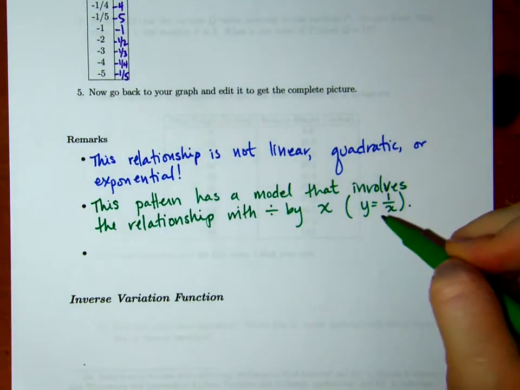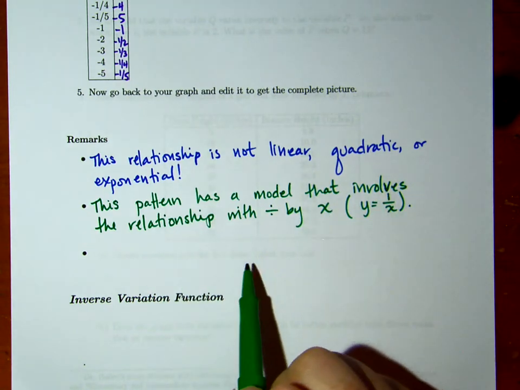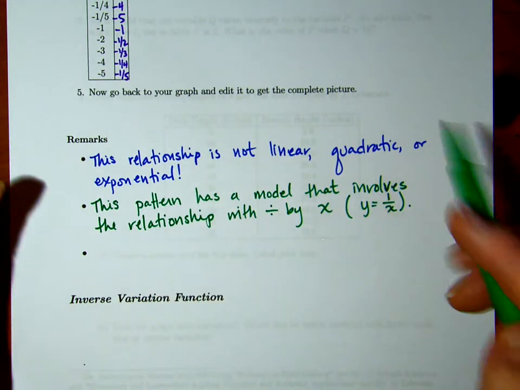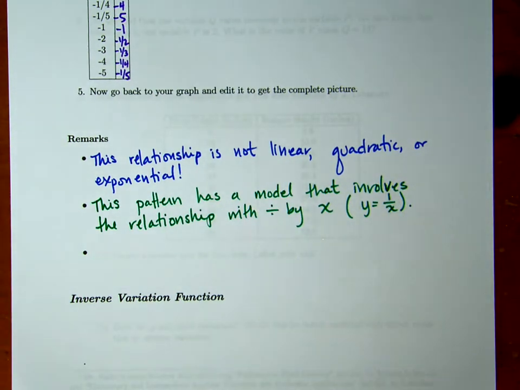So here we had y equals 1 over x. So this division by x really created a brand new image and pattern for some data.